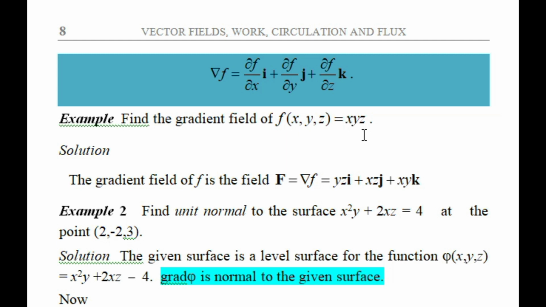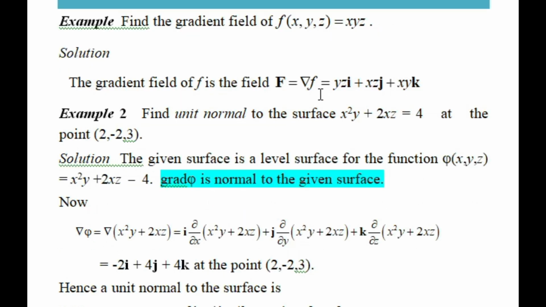So that will be yz. Similarly, the partial derivative of f with respect to y, keeping other variables constant, we get xz. This is xz j. Partial derivative of f with respect to z is xy k. So we get the field yz i plus xz j plus xy k.